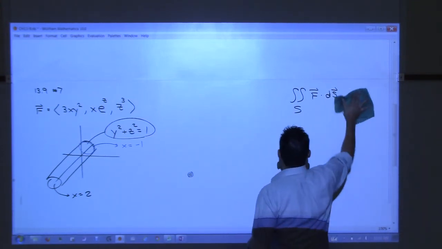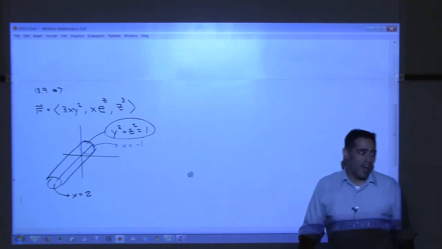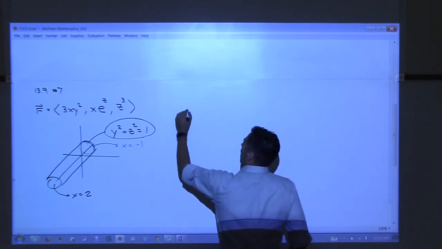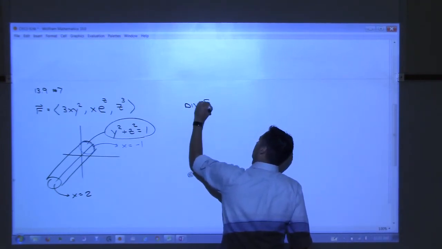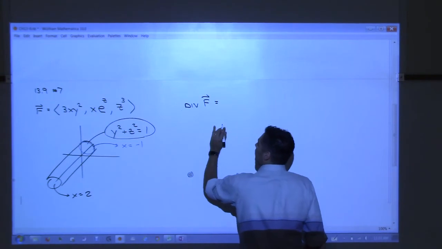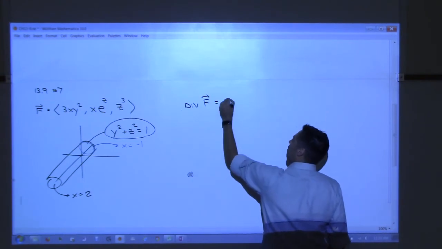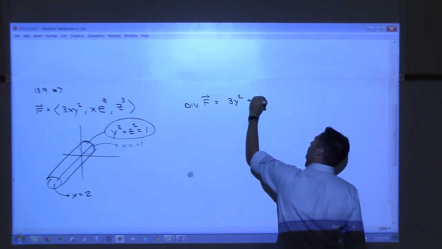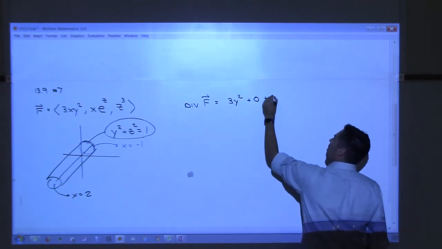Right? Because this surface encloses a solid, we should be able to do this with a divergence. So let's calculate div F. It is 3y squared plus 0 plus 3z squared.